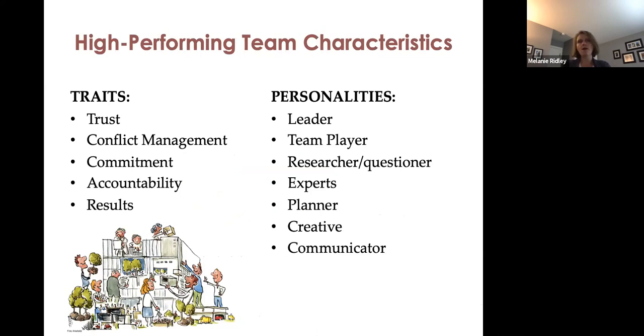And there are different ways of thinking about teams, but really we see 5 important traits or characteristics of high-performing teams. So trust, I know, was mentioned, conflict management, commitment, accountability, and results orientation. And I think that was really reflected in what you all shared.